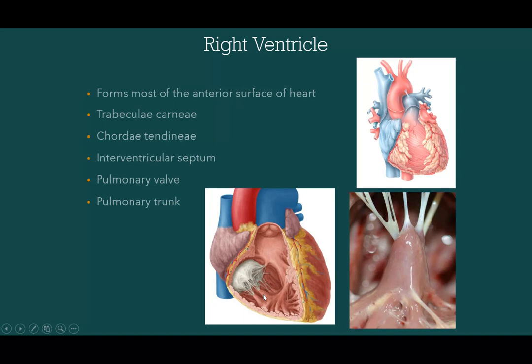Now, the walls of the right ventricle are going to be lined with these raised bundles of muscle called trabeculae carneae. And that's what we're looking at here. All of these ridges, this is trabeculae carneae. Okay, so the atrium had pectinate muscles on the anterior side, and in the ventricle, we have trabeculae carneae.